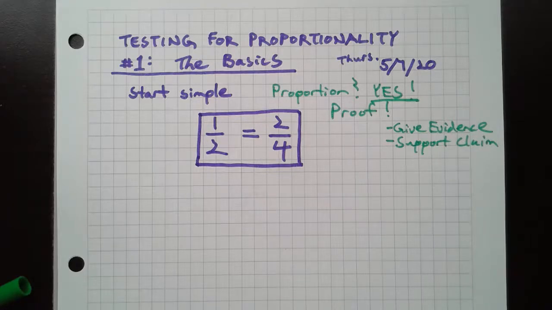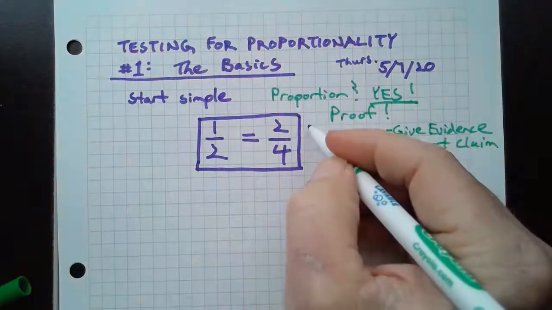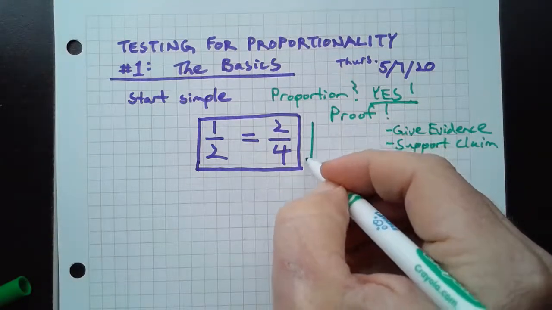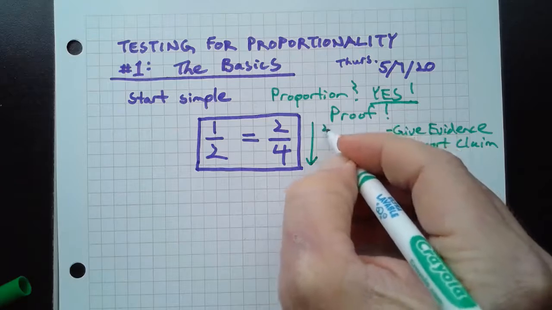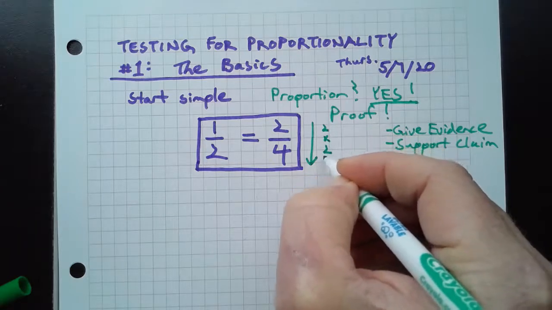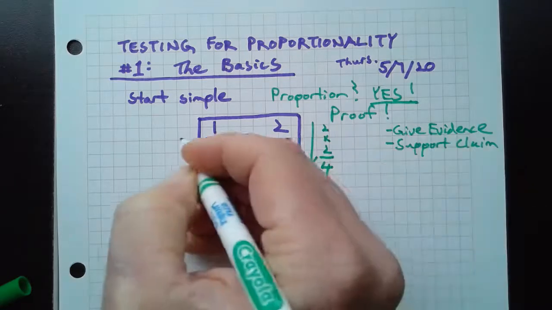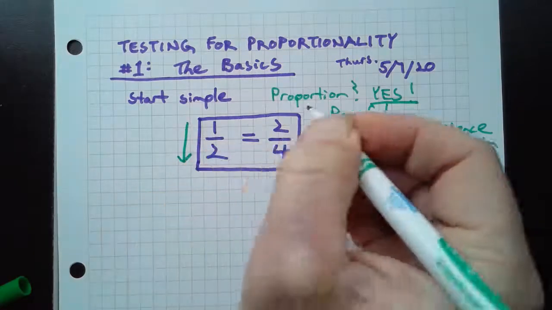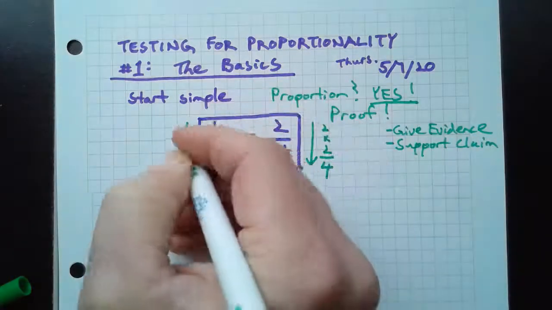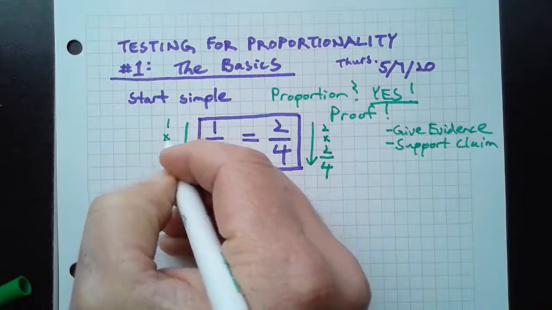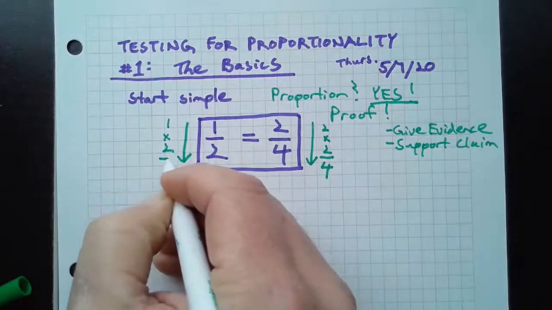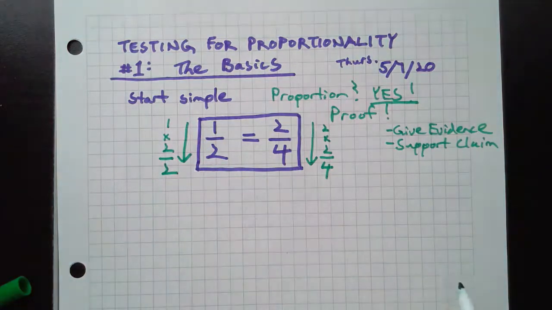Here's how I'm going to show lots of different ways to prove it. Number one, if I go this way, 2 times 2 is 4. And on the other side, 1 times 2 equals 2, and you're like, yeah, so what?